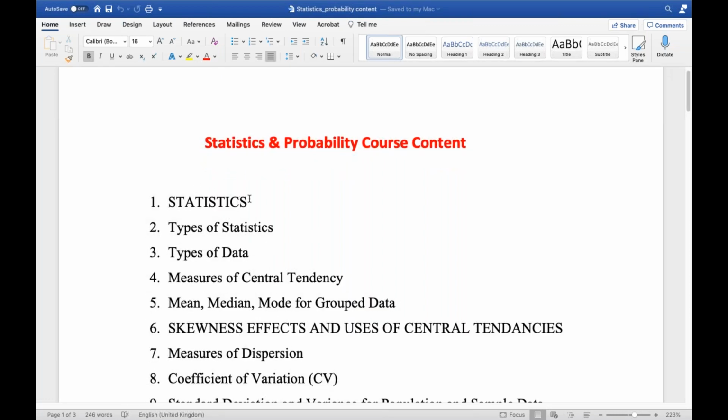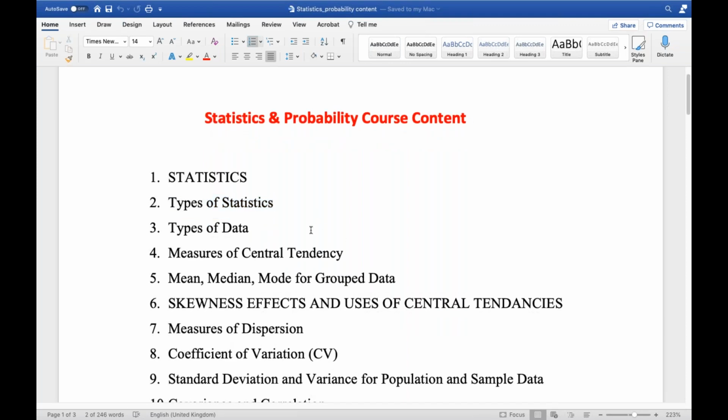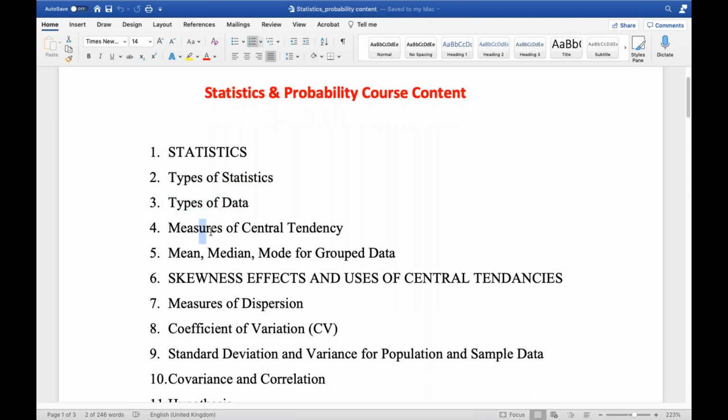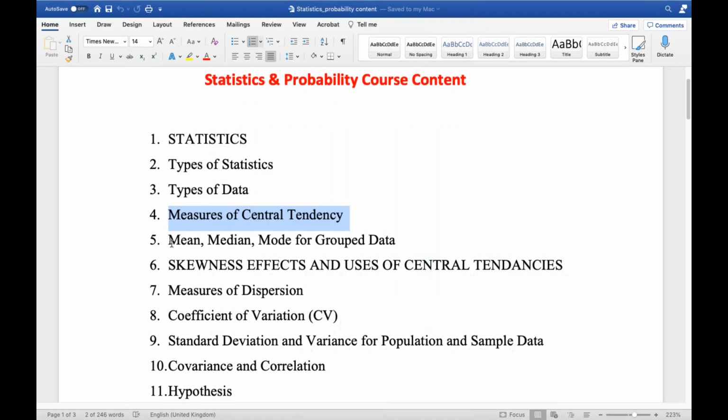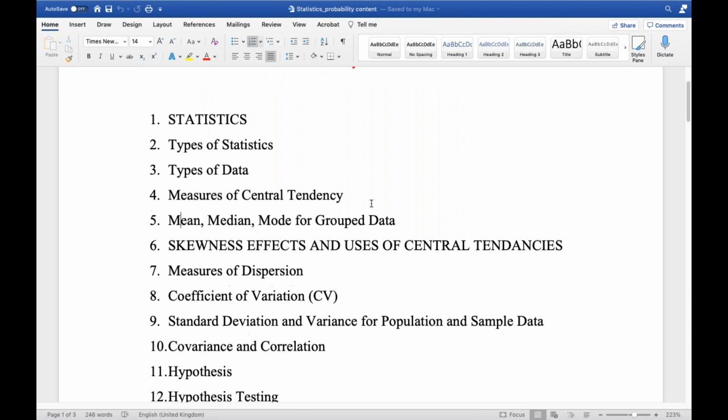So first we need to go for understanding statistics, then the types of statistics, then the types of data, and then measures of central tendency, which we can do with the help of mean, median, and mode, and how to do that when the data is grouped.